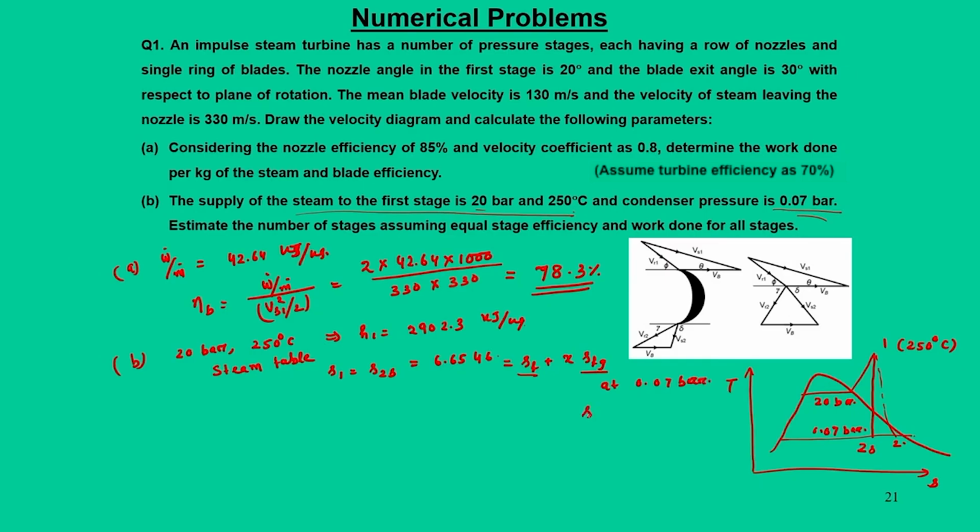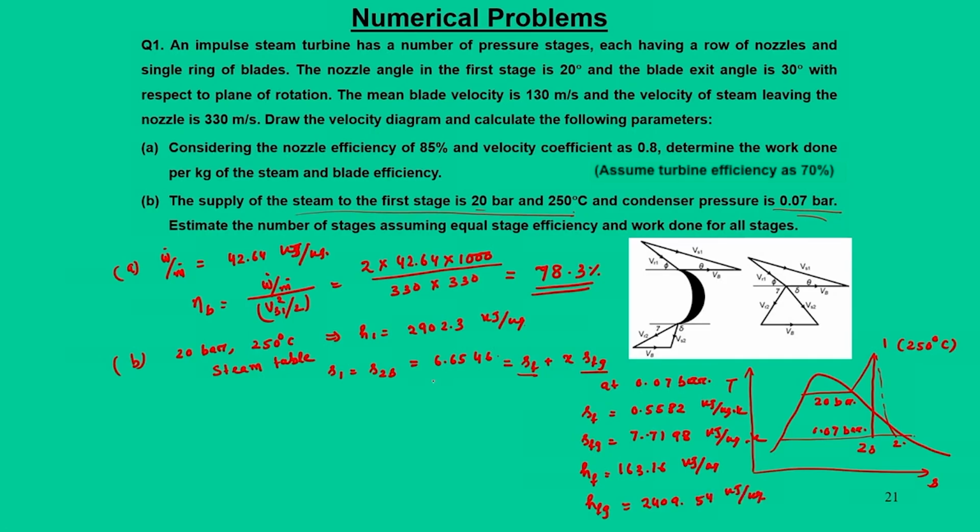So, we have Sf as 0.5582 kilojoule per kg Kelvin, Sfg would be 7.7198 kilojoule per kg Kelvin. We also require enthalpy Hf equal to 163.16 kilojoule per kg, and Hfg is 2409.54 kilojoule per kg.